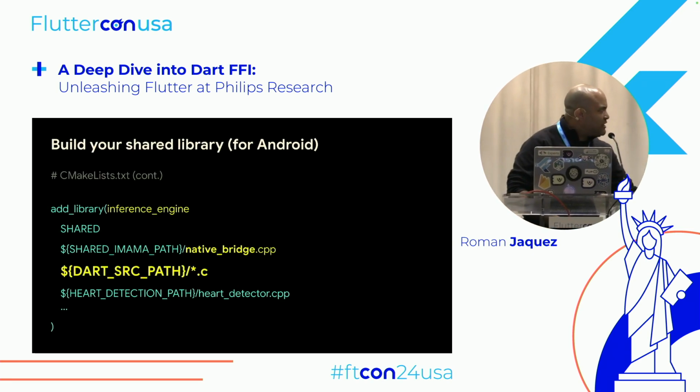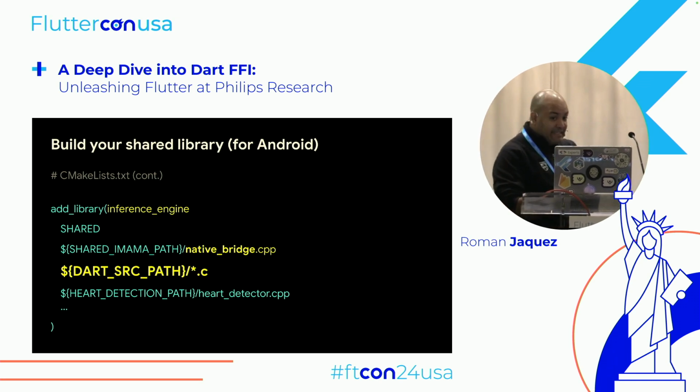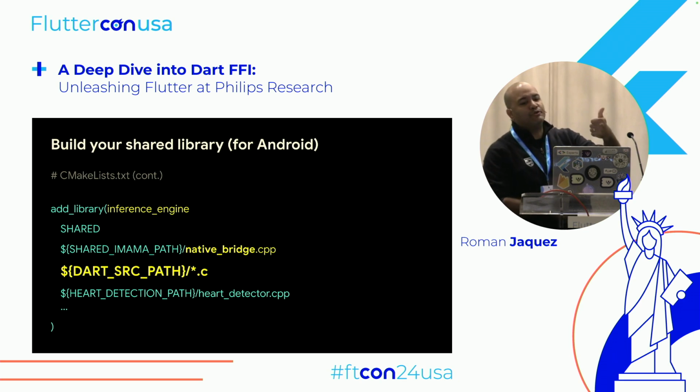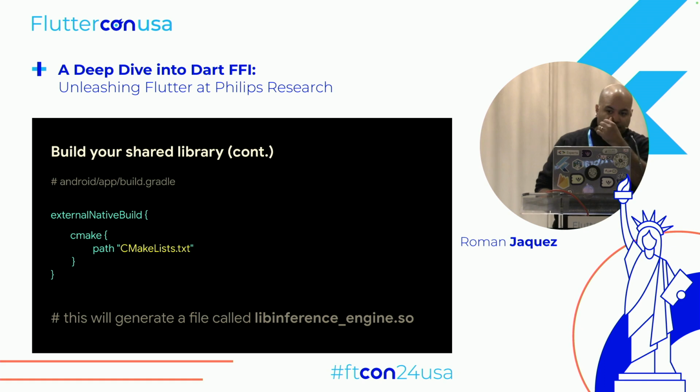Now again, for Android, you want to build your library. This is the CMakeLists file. Let's say you want to tap into your native code toolchain, whether you're using CMake or NDK build. In your CMakeLists file, for example, I'm going to call it Inference Engine. I'm going to add my native bridge, which I told you that you need to create, and you add all the files from the Dart SDK. After that, in the build.gradle, you set up your build, let's say you're doing it for Android.